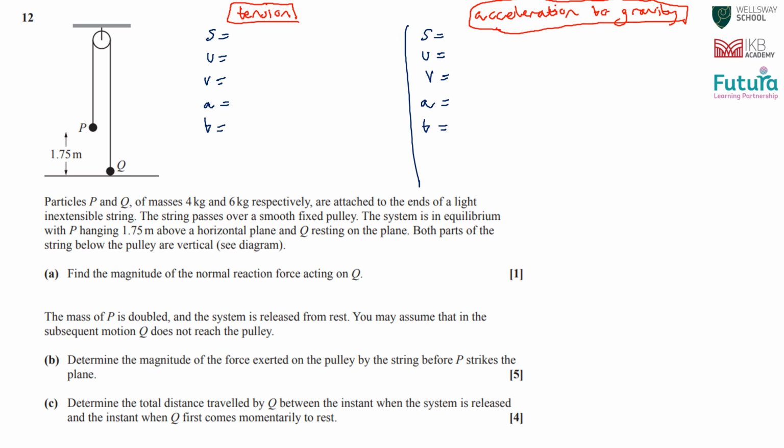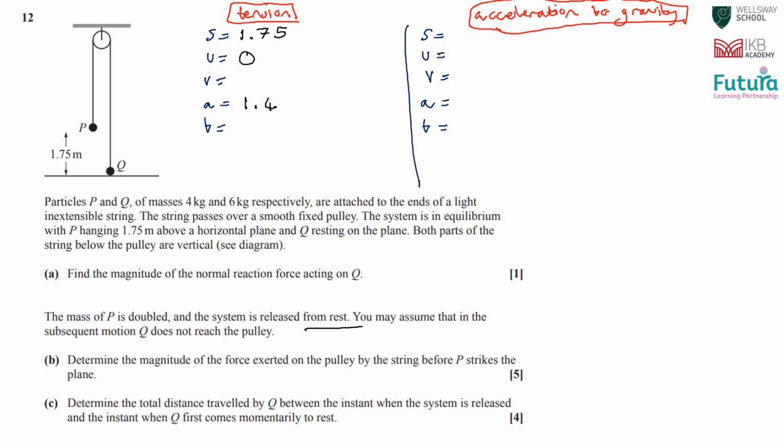So, first bit, when there's tension in the string, the displacement is going to be what P travels before it hits the ground. So that would be 1.75. Our starting U is going to be 0, because the system is released from rest. We don't know what V is. We do know the acceleration because we worked it out earlier on. The acceleration is 1.4.